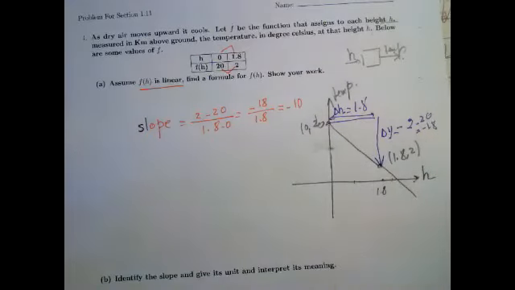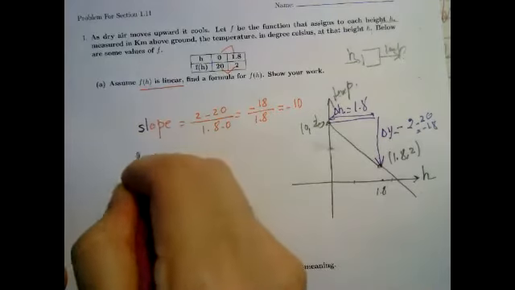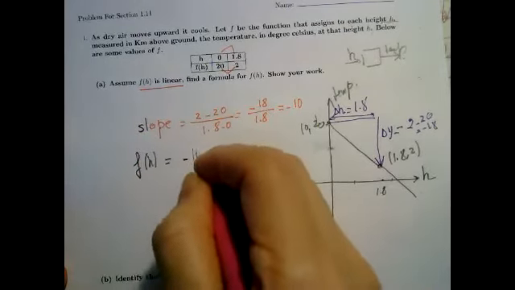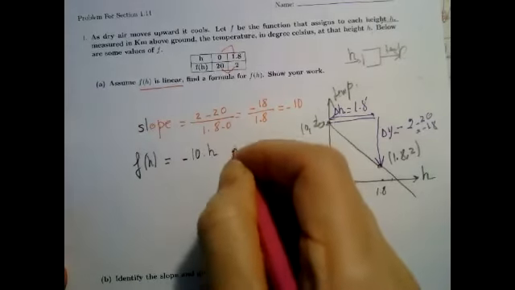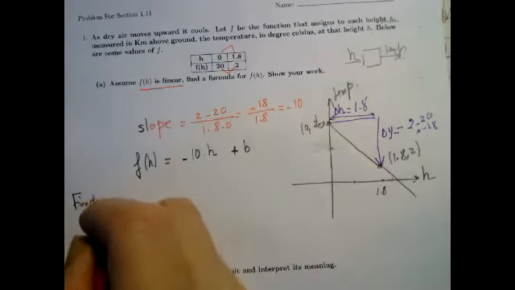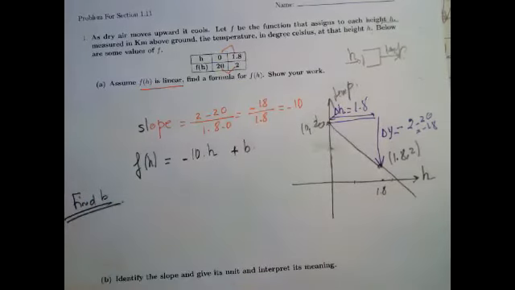So it's always this, all right? Okay, so now what's the formula? Now f of h is linear. It means f of h is minus 10 times h, the slope, plus b. Now we need to find b. So what's b? The student who's talking, what's b?